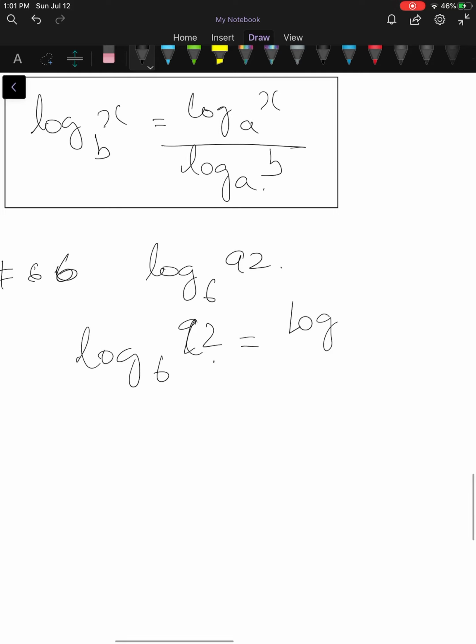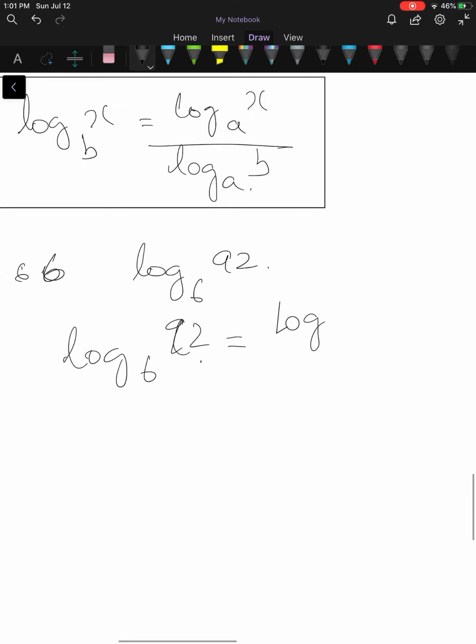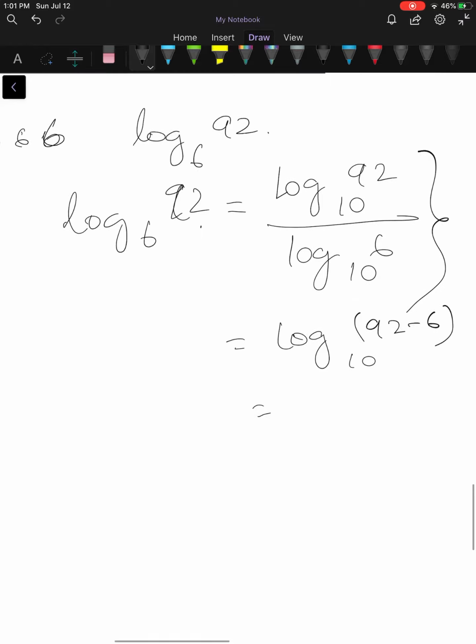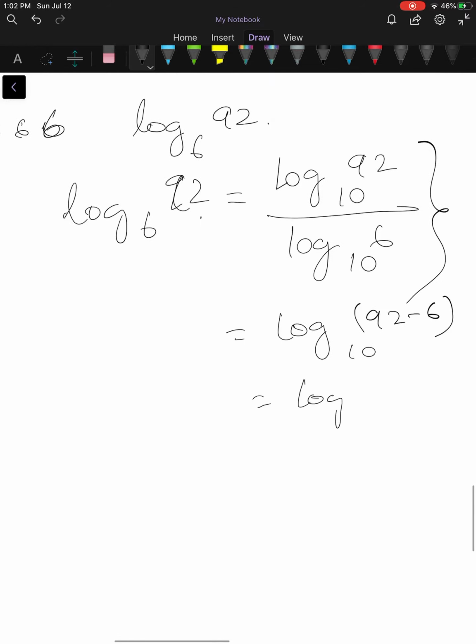So this will be equal to log 92 to base 10 divided by log 6 to base 10, correct? And applying the laws for the RHS, we get this to be equal to log of 92 minus 6 to base 10, that would be log of 86 to base 10.